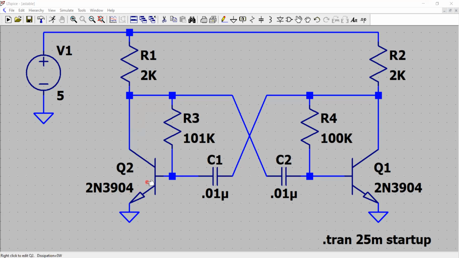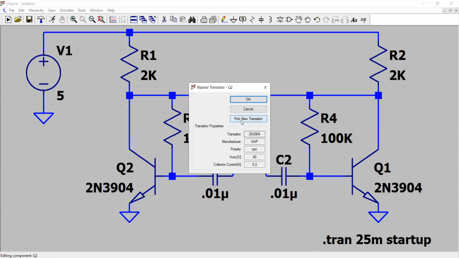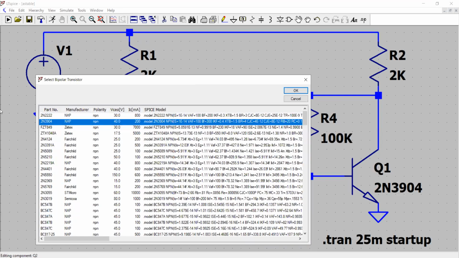So let me right click on this transistor and show you the properties of this transistor. Here is a SPICE model for the transistor. This is the part number, manufacturer name. It is an NPN transistor. The maximum rating across the collector and emitter voltage, open circuit voltage, is 40 volts.